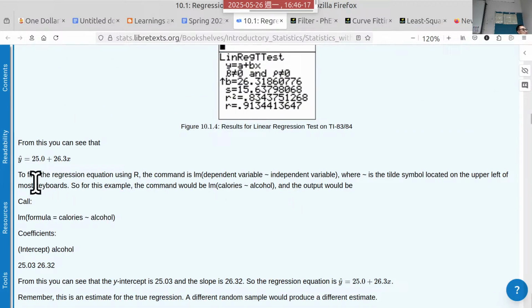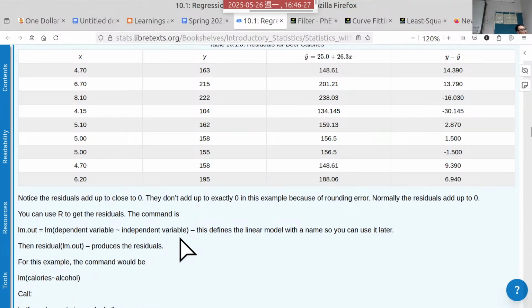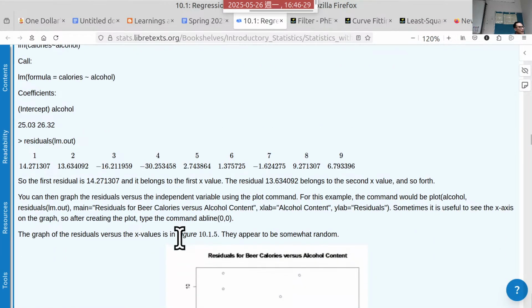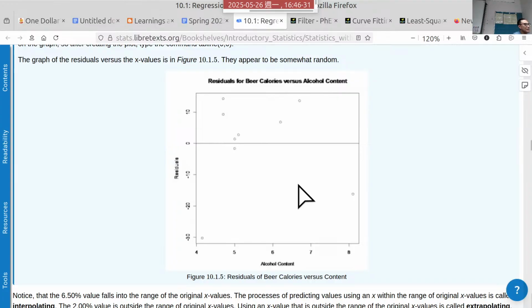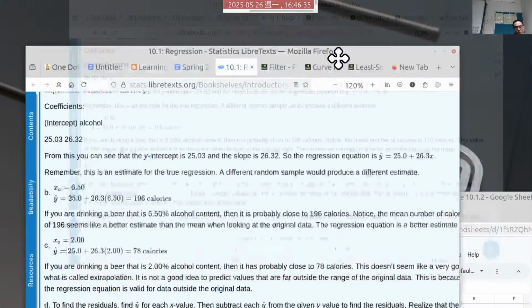And for the example, the equation is y hat equals 35.0 plus 36.3x. Okay, and now let's move back to this side.